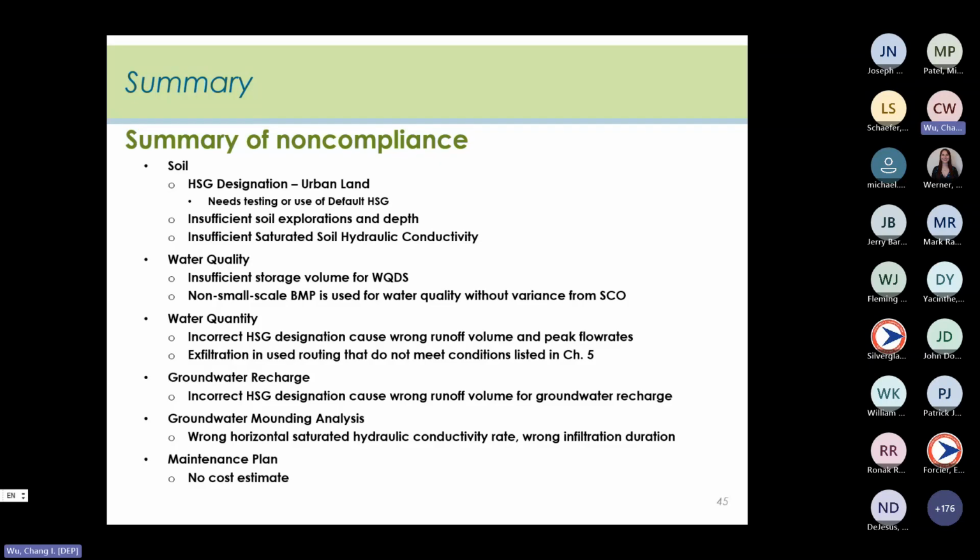For groundwater recharge, they use an incorrect hydrologic soil group designation, which causes wrong runoff volume for groundwater recharge. For groundwater mounding analysis, it used the wrong horizontal saturated hydraulic conductivity rate and wrong infiltration duration. For the maintenance plan, there's no cost estimate in the maintenance plan.